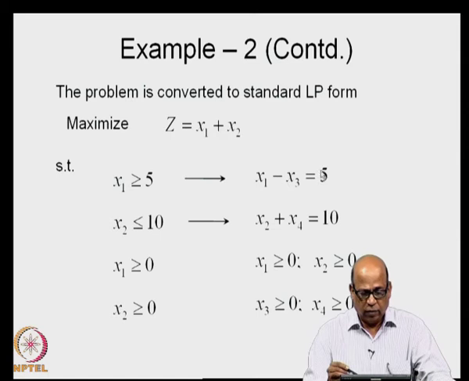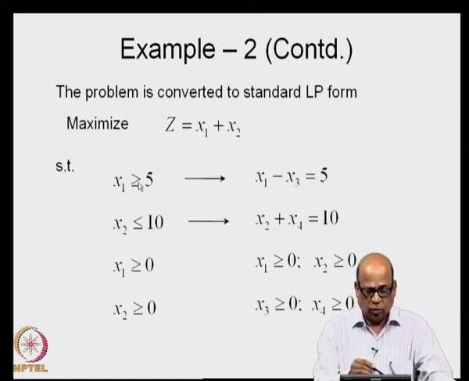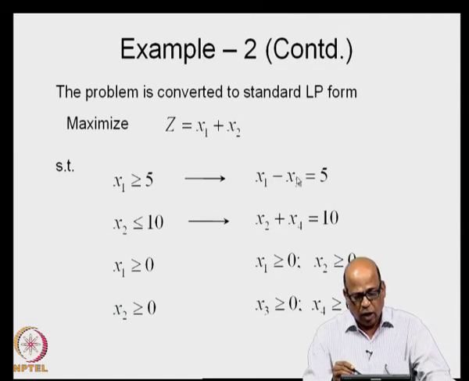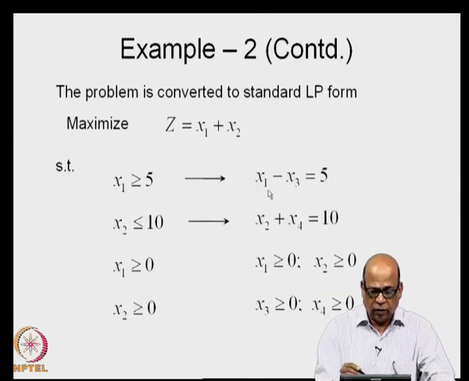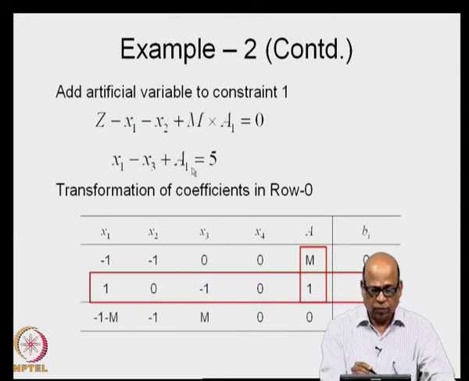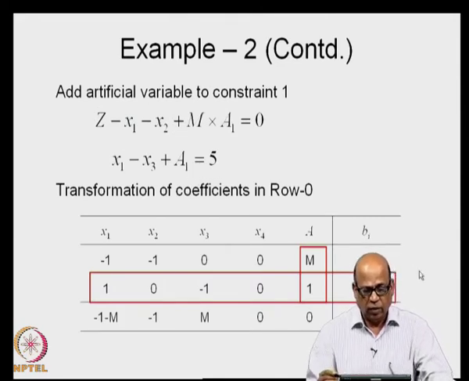Because you have a minus x3 here, that means because you have a greater than or equal to constraint, you add an artificial variable here. So, we will add an artificial variable and write this constraint as x1 minus x3 plus a1 is equal to 5. So, this is the artificial variable that we have added.